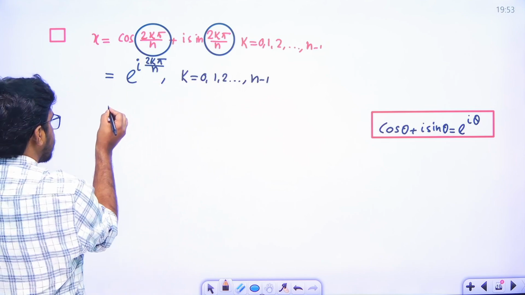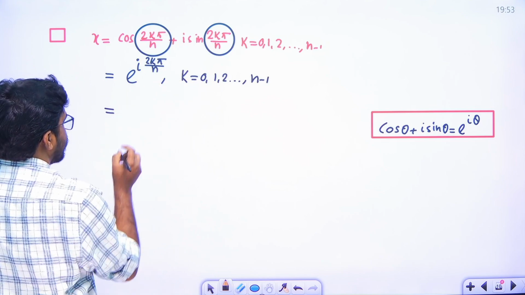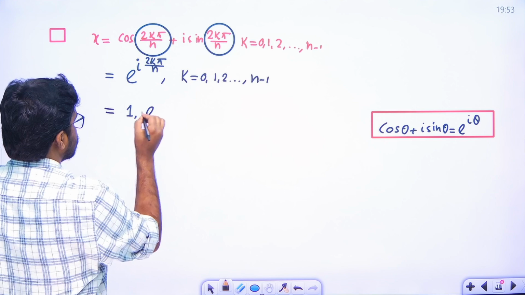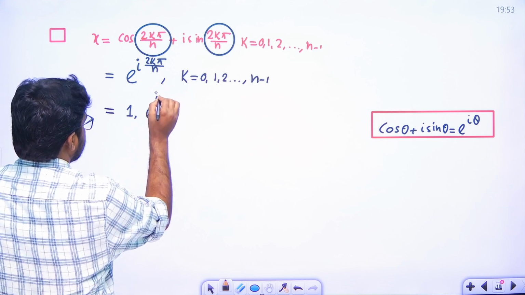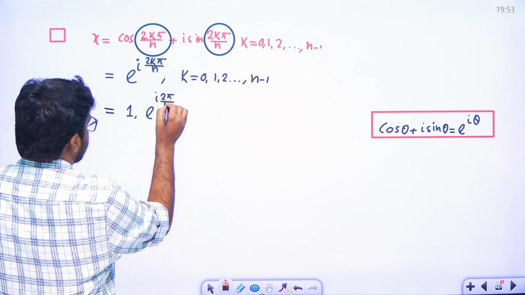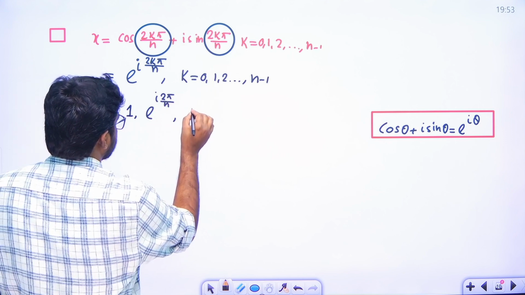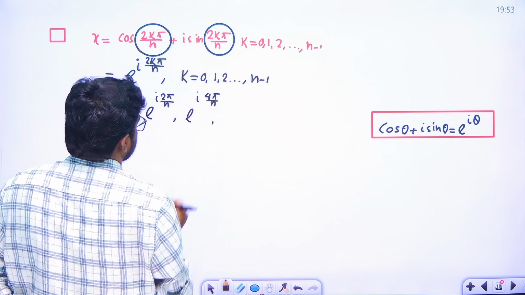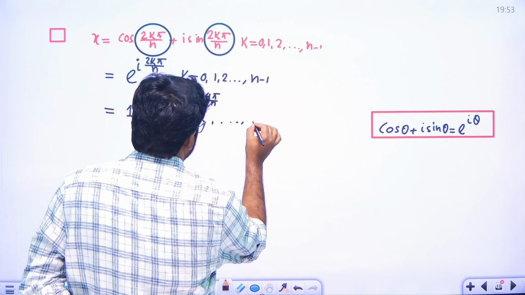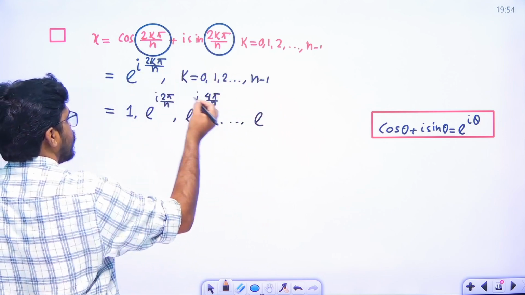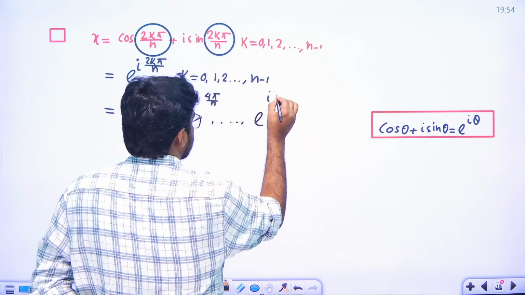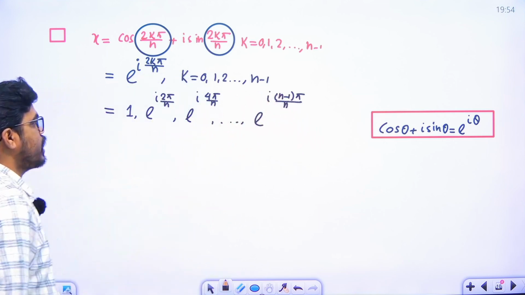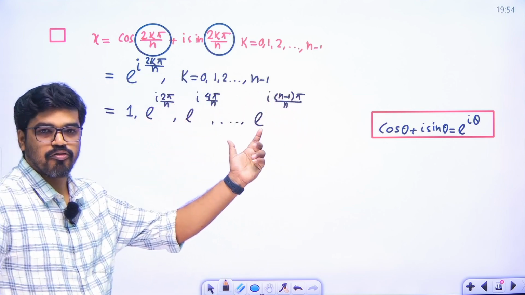If you put k is equal to 0, that is simply 1. If you put k is equal to 1, e to the power i 2 pi by n. k is equal to 2, e to the power i 4 pi by n. Dot dot. If you put k is equal to n minus 1, i into n minus 1 pi divided by n. So these are the nth roots of unity.